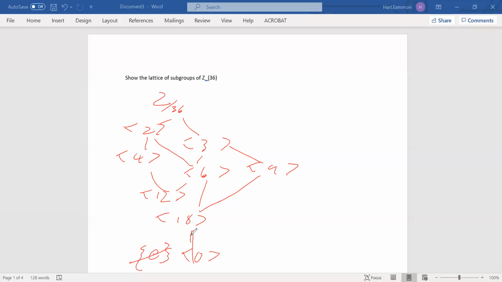And so the subgroup order, the fact that something is a subgroup of another thing, I drew out these connections to mark that. What is the relationship between these?